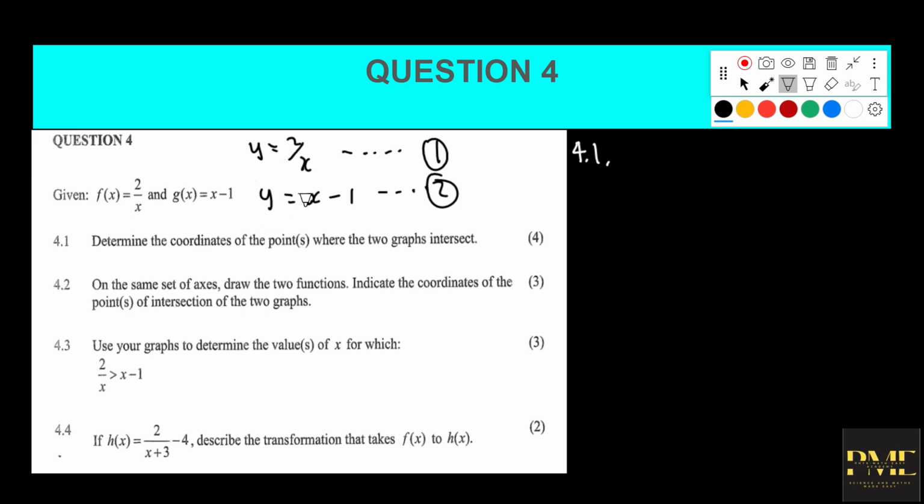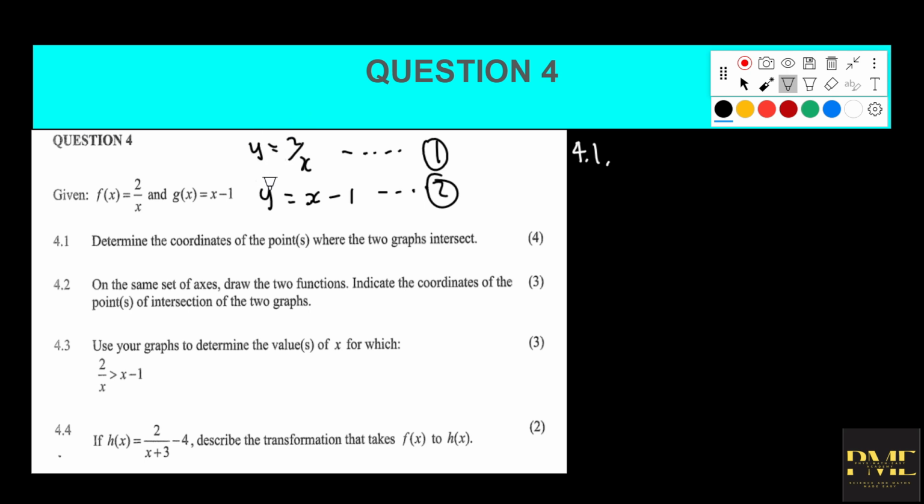And then what you can do is, we know that normally the first step is to generate equation 3, because the aim of generating equation 3 is to represent one variable in terms of the other one. But you'll notice that we're already told that y is equal to this.